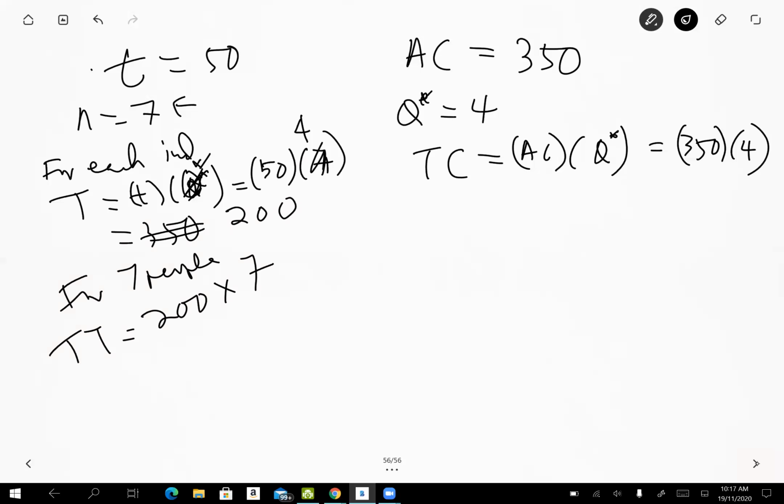So the tax is 50. Everybody pays 50 for 4 units, 200. Now, when you have 200, there are 7 people, so the outcome will be equal to 1,400. That's not right. Where is my mistake? Can you work it out? We should have the total cost equal to the total tax collection.